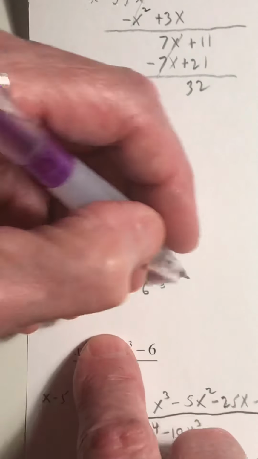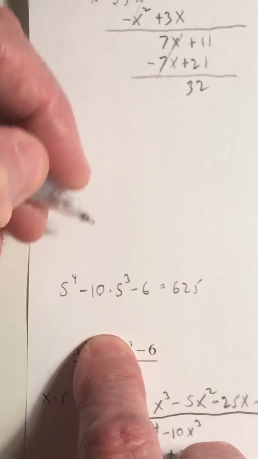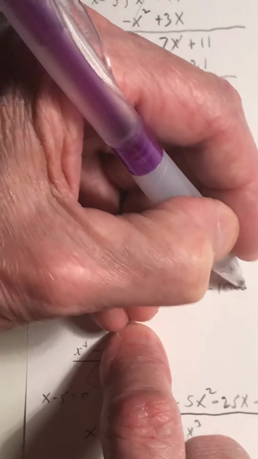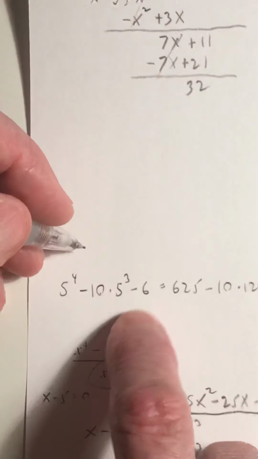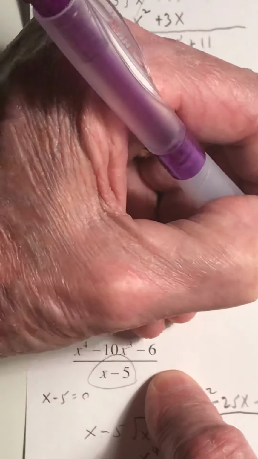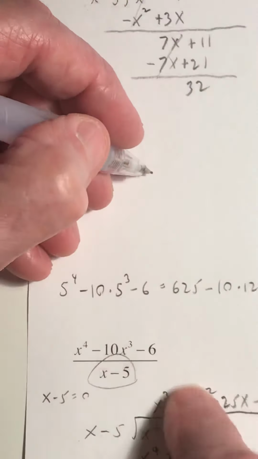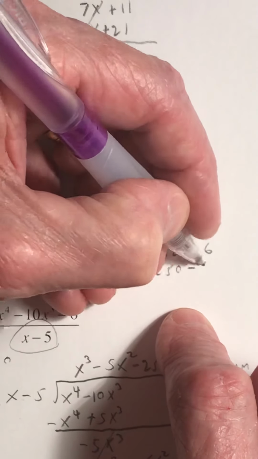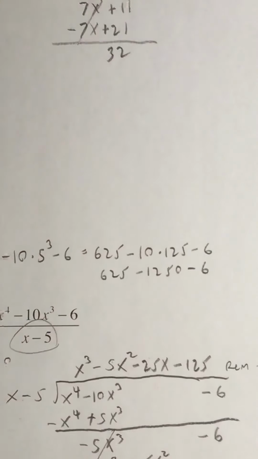5 to the 4th is 625, minus 10 times 5 to the 3rd is 125, and then you have minus 6. Okay? So this is 625 minus 1250 minus 6. Now I need a calculator.